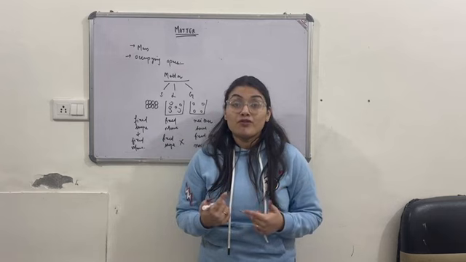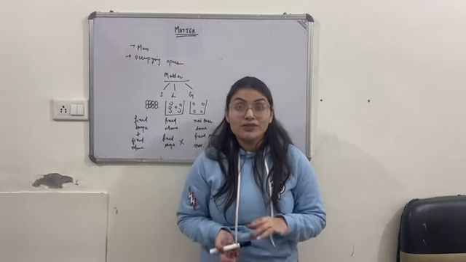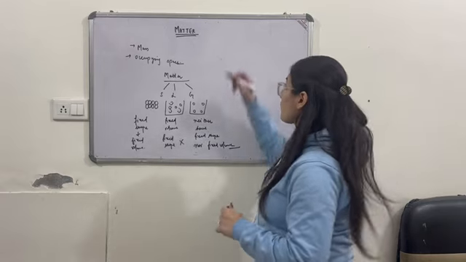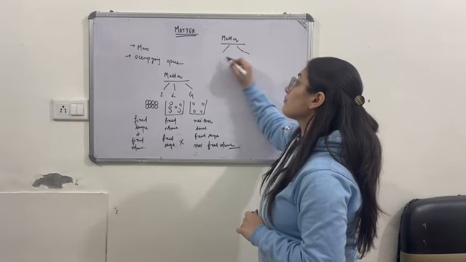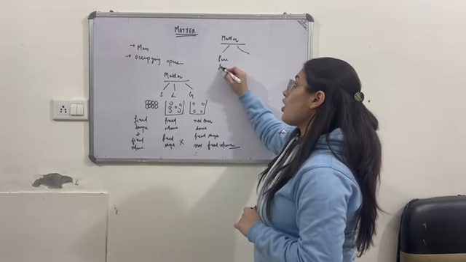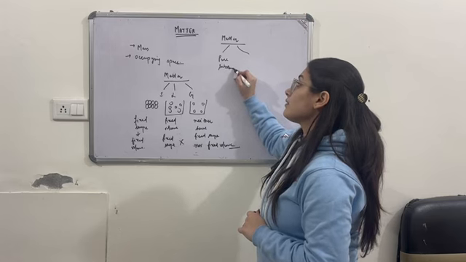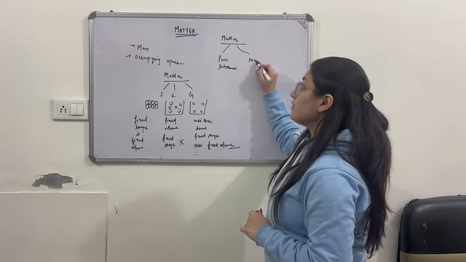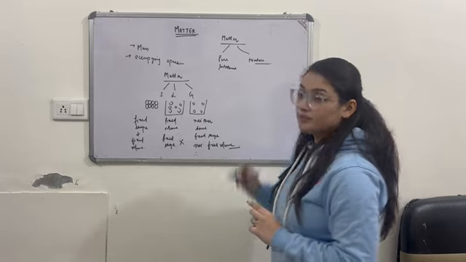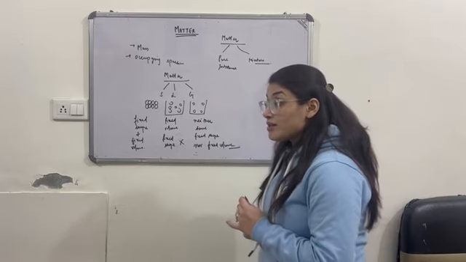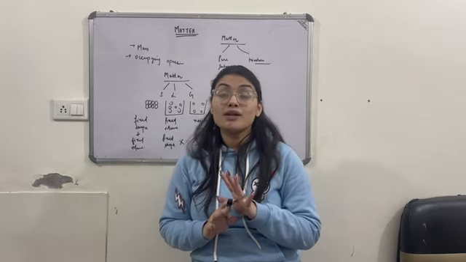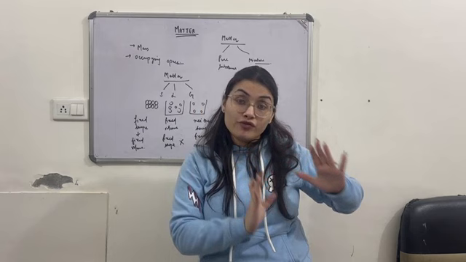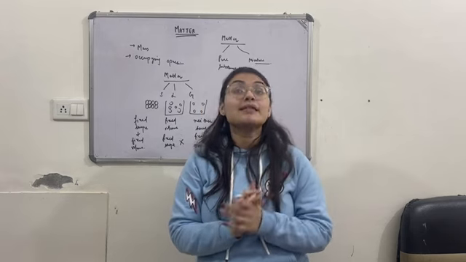So on the basis of macroscopic level, we can classify the matter into two: pure substance and mixture. Okay. So pure substance means which is having a single type of substance, which is very much pure, right? The type of atoms, the type of substance is single in that.